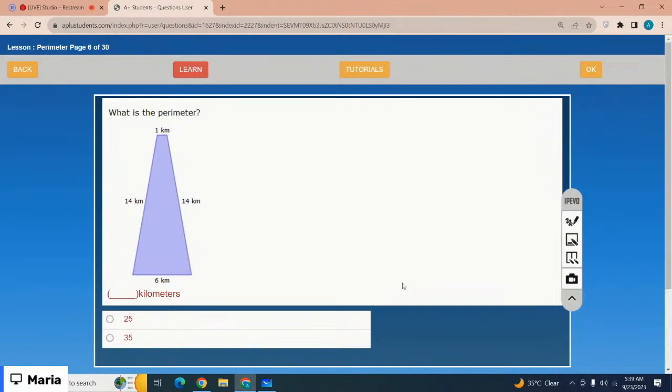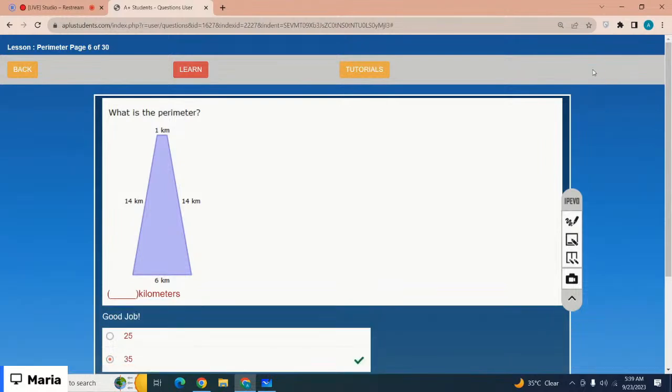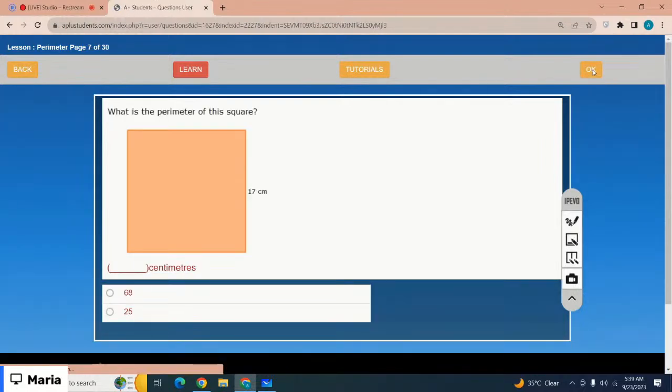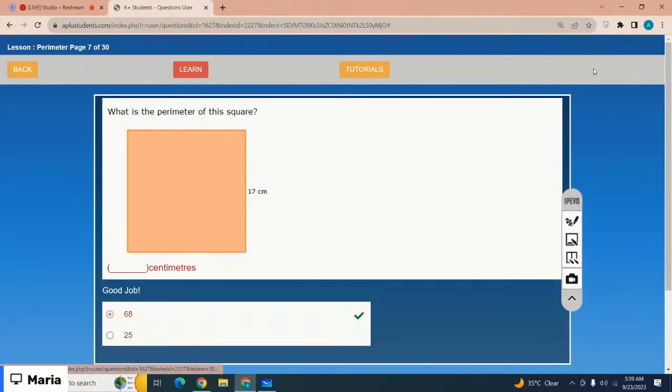The correct option is 35. You have to add up all the side lengths, so that would be 35. Okay, what is the perimeter of the square? That would be 68. The correct option is 68.